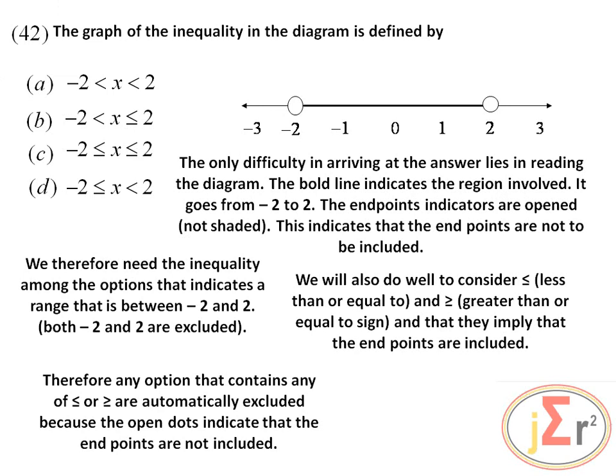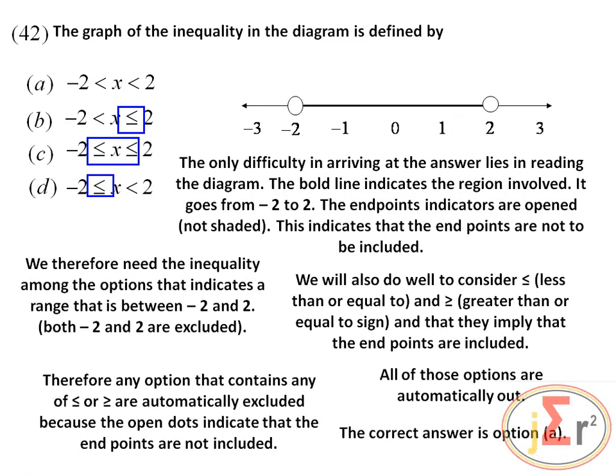That means the endpoints are to be included. But according to what we have here, the endpoints are not to be included. Therefore, any option that has those signs will be excluded, and the correct answer is option A.